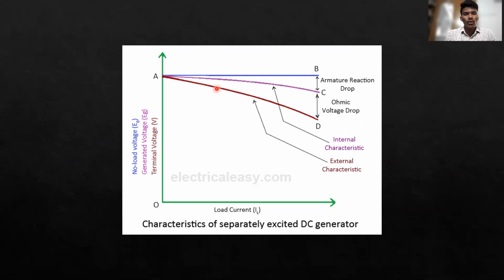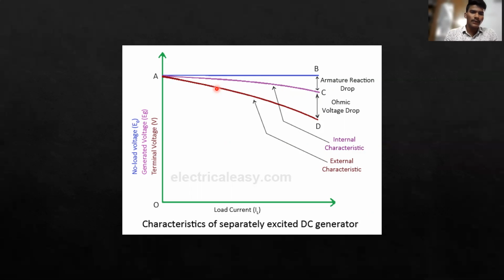This is the whole graph, which shows the characteristics of a separately excited DC generator. On the y-axis you can see three variables: no load voltage, generated voltage and terminal voltage. On the x-axis there is only one component, the load current.